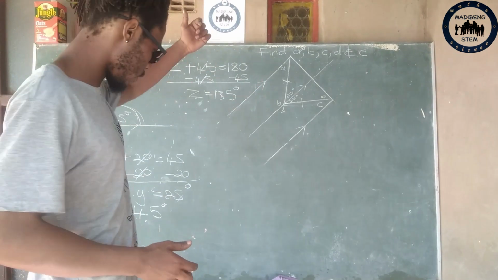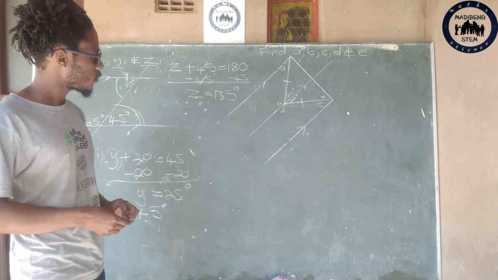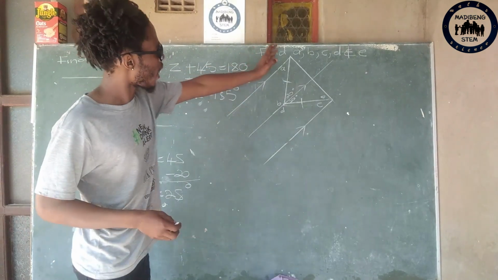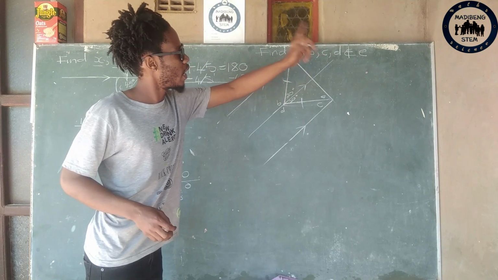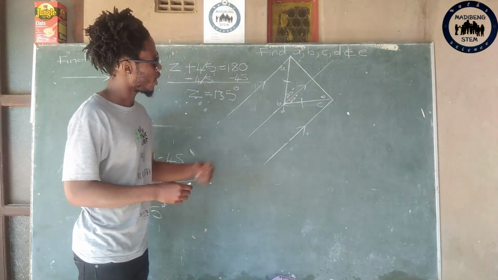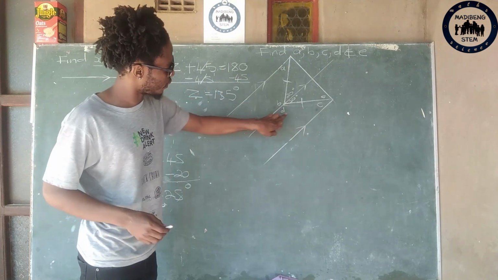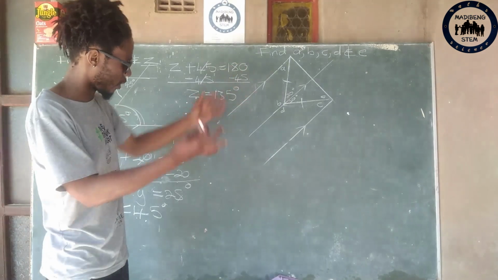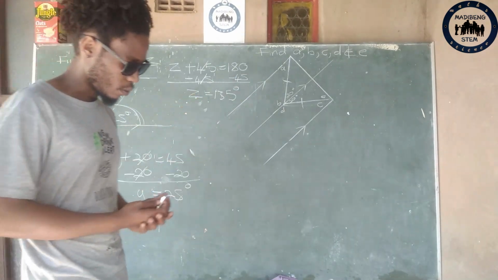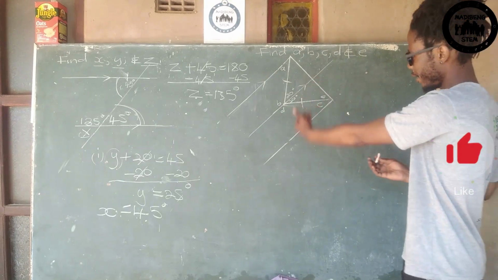So let's go ahead and do this next problem. Here they say find the value of A, B, C, D, and E. So we have A here, we have B, we have C, we have D, we have E. Let's study our diagram and see what we deduce from it.